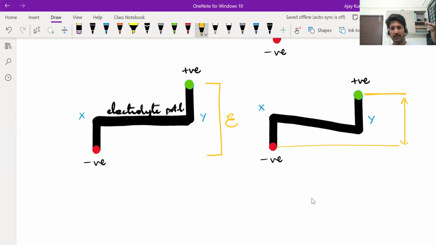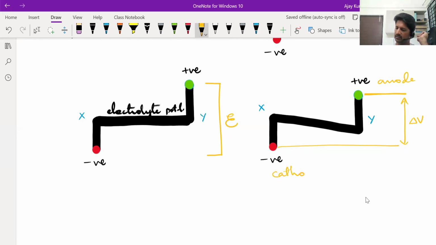Now, when current flows normally through the cell, across the electrolyte itself, you'll have a fall in potential. So from X to Y, potential decreases a little bit. Again, at the anode, it increases. But now look at the effective potential difference between the anode and the cathode.